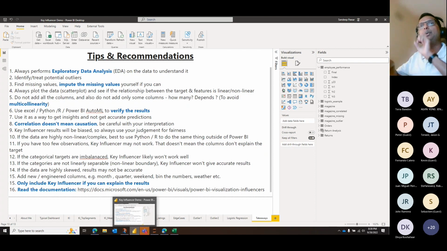But it will actually randomly sample 30,000 data points from your overall data. And that is just for speed purposes, right? It doesn't want to spend a whole lot of time to get the results back. So it will sample 30,000 data points randomly and then create the impact scores and everything for you.